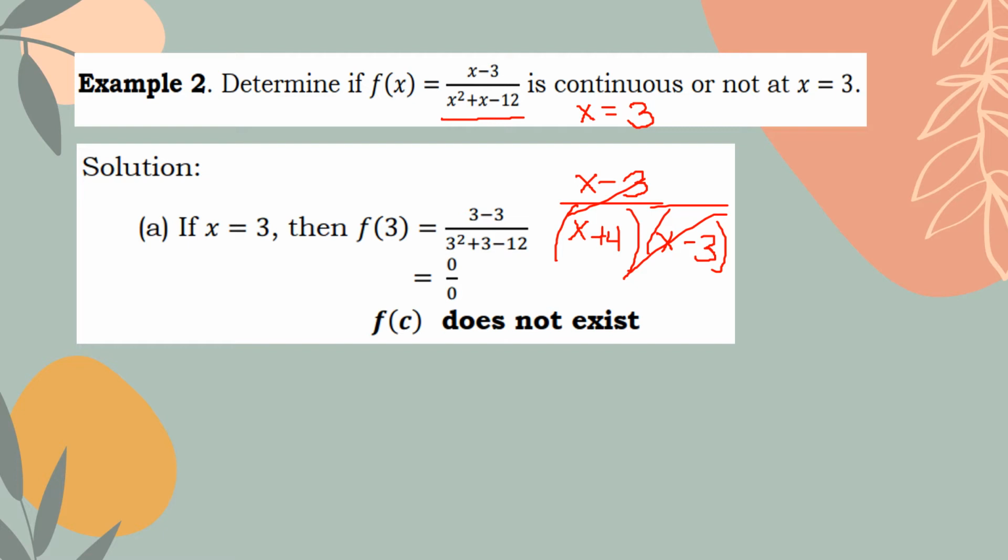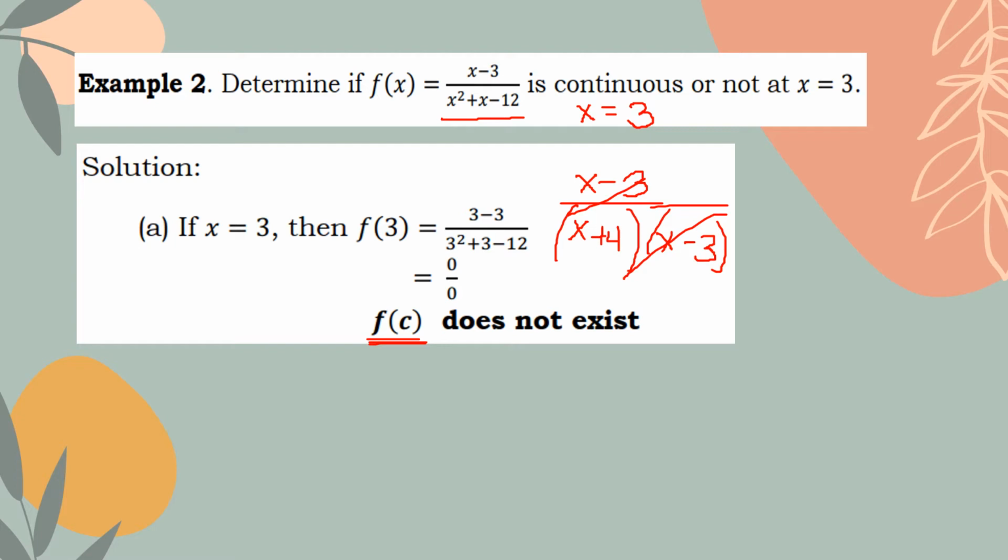However, we are trying to find the f of c. So meaning to say, kung f of c gani class, you are not allowed to use the factoring method or any method. Just have to substitute it right away. Magpasabot substitute lang diretso. And when the denominator is 0, meaning to say f of c does not exist or it is undefined.